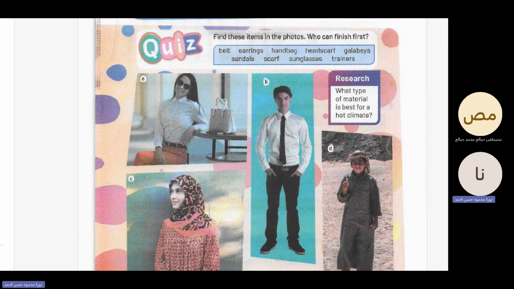So tell me, did you find any of these items in the photo? Yeah, I can hear you. Excellent. So here there is a belt, there is a handbag, sunglasses, we have here earrings, we have a headscarf, and we have, yes, a galabia. Excellent.